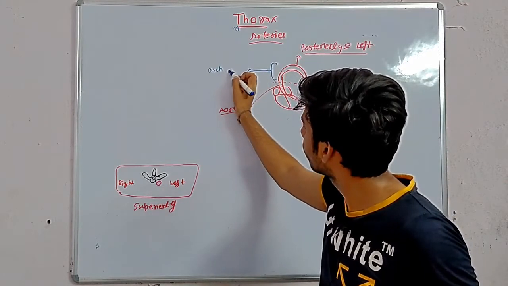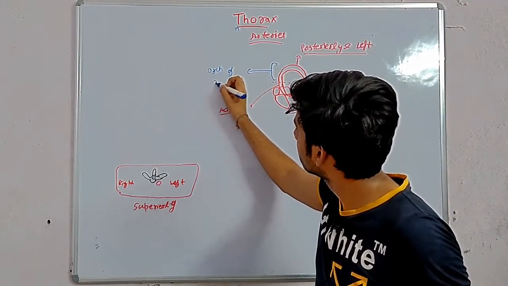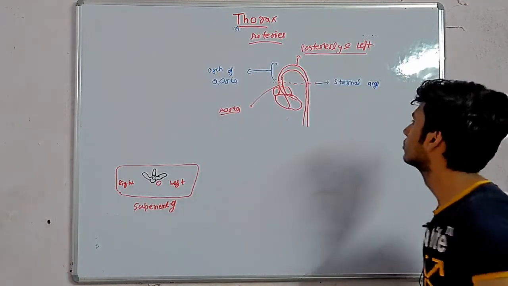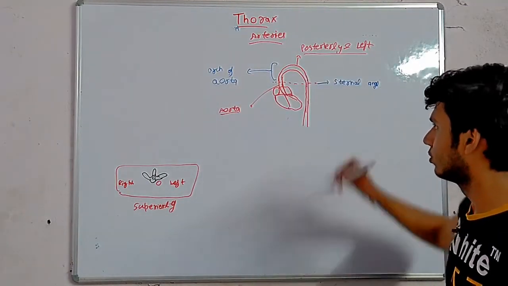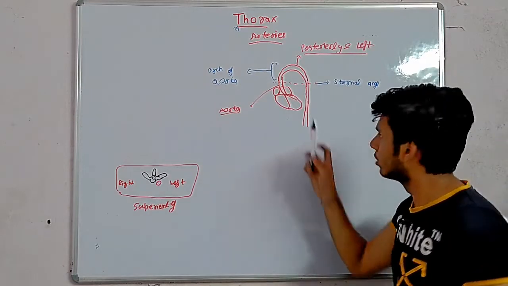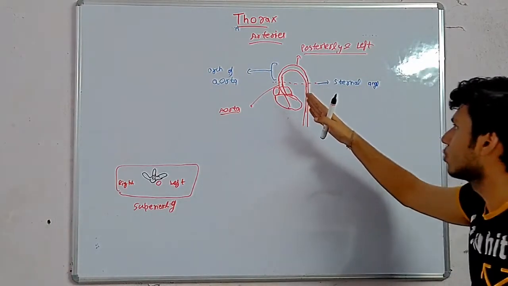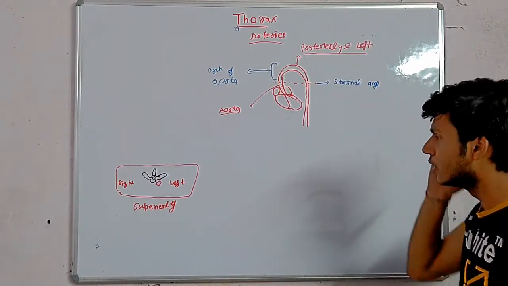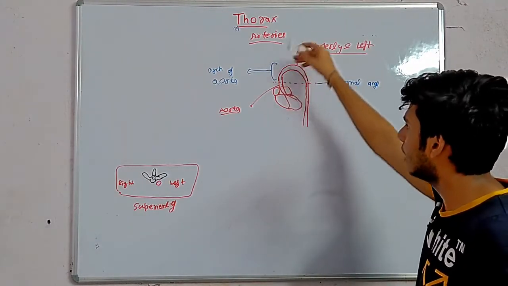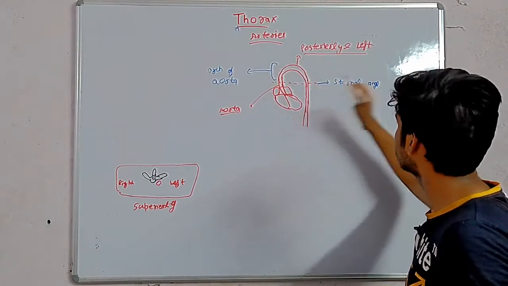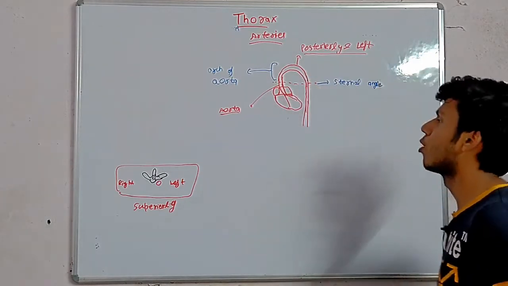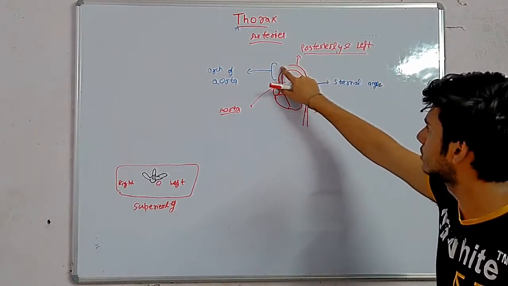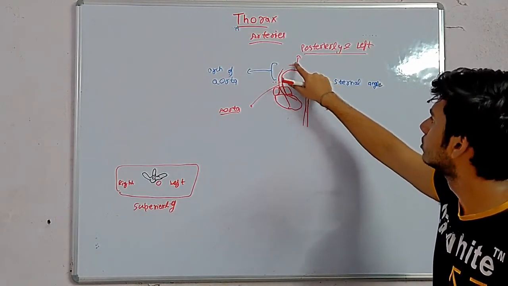The starting and the ending of the arch of aorta occur at the sternal angle. This is an important marking. Then it gives many branches.